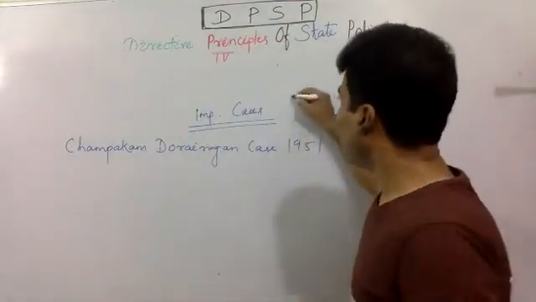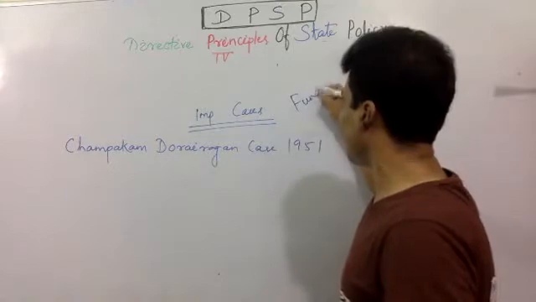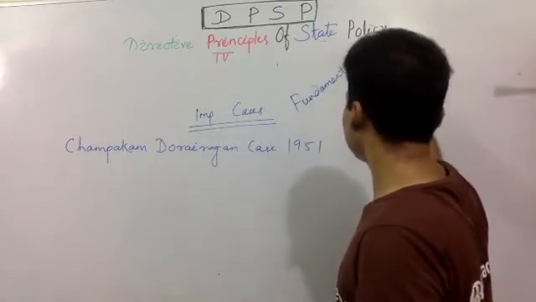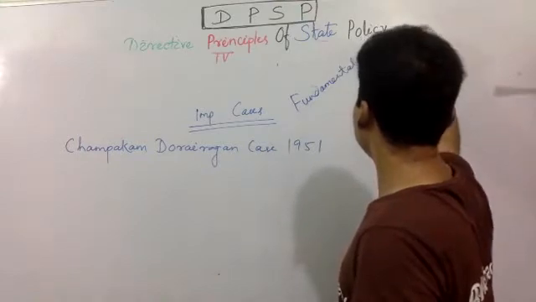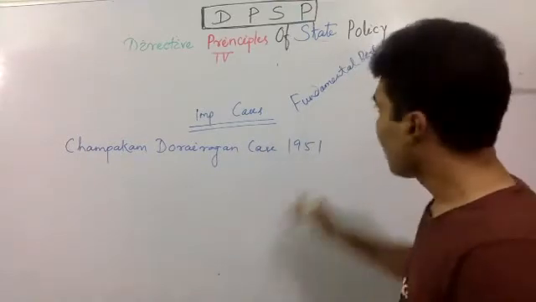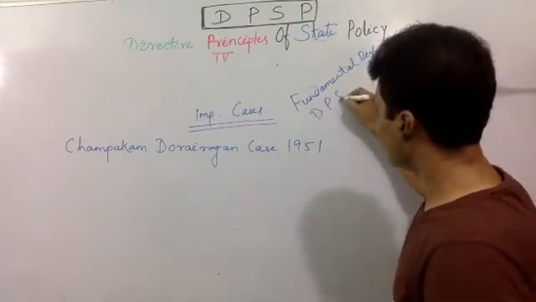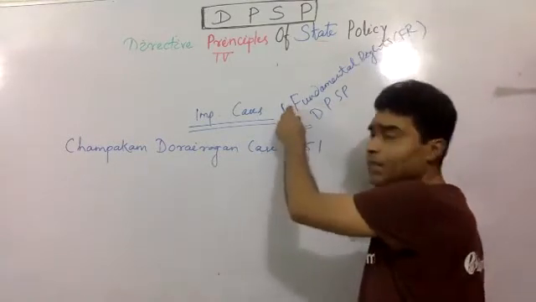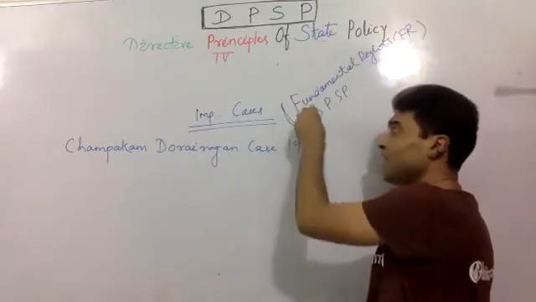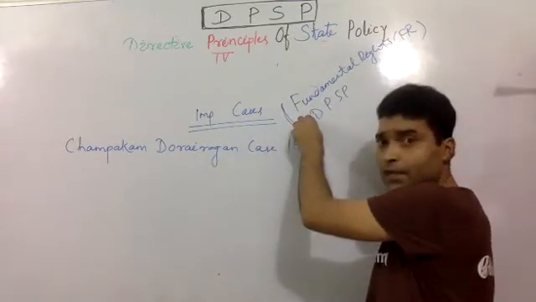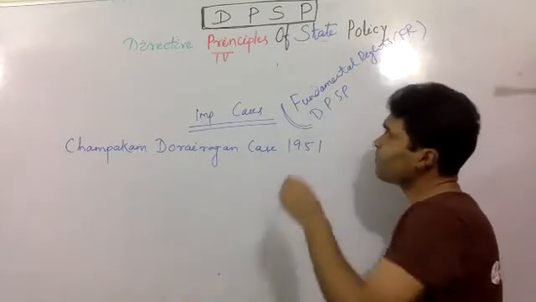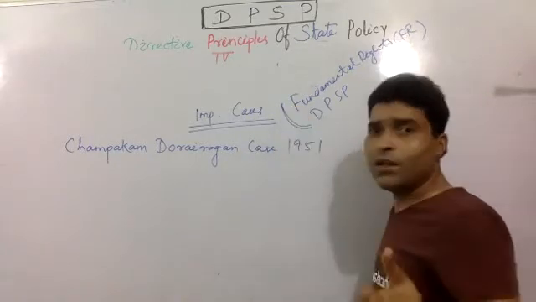Because in case of fundamental rights, FR, and DPSP, when there is a conflict between fundamental rights and DPSP, in this case the Supreme Court said that fundamental rights will prevail.